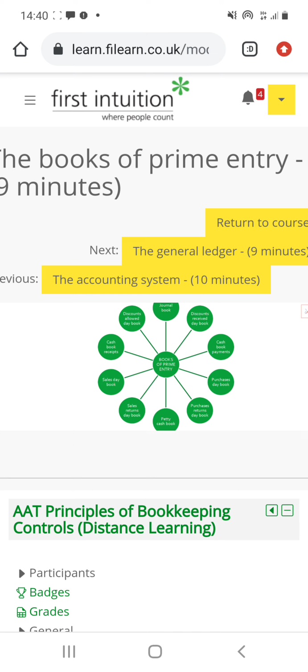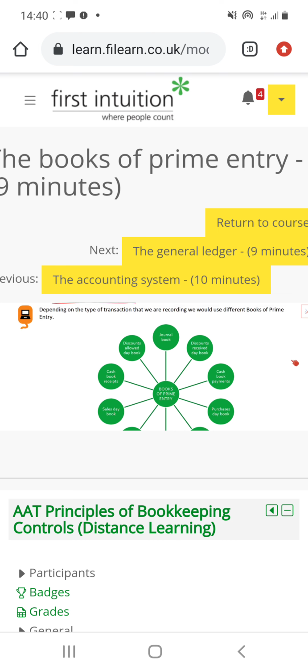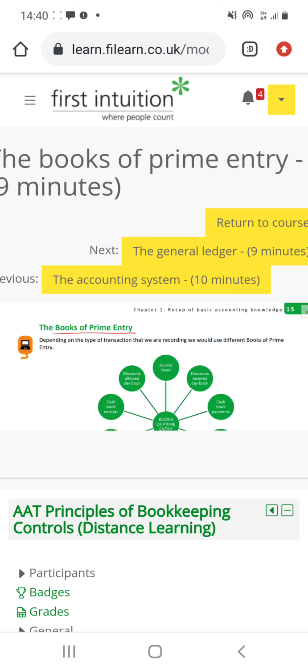Well, if we think about prime almost being like first, it's the book of first entry. I.e., it's the first time we see a transaction in our accounting system.